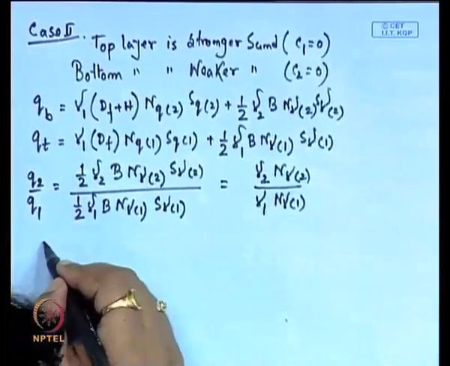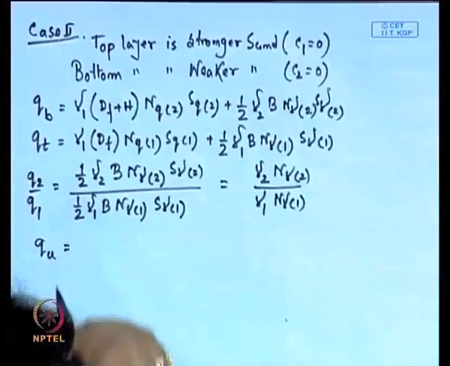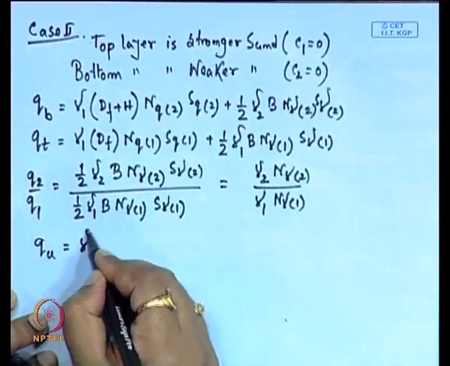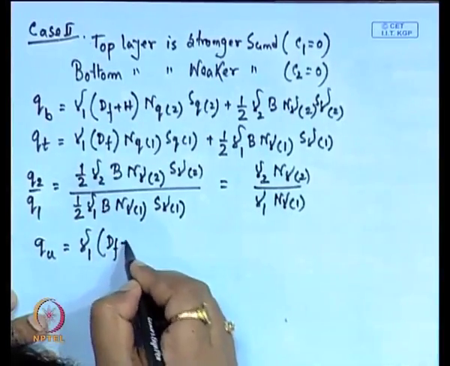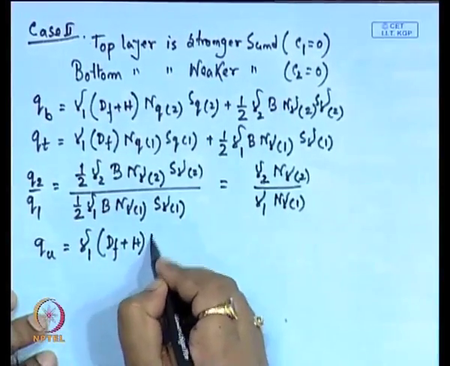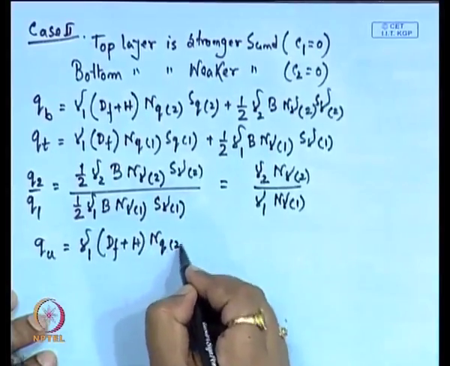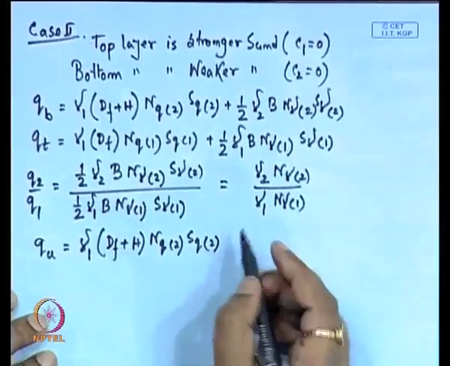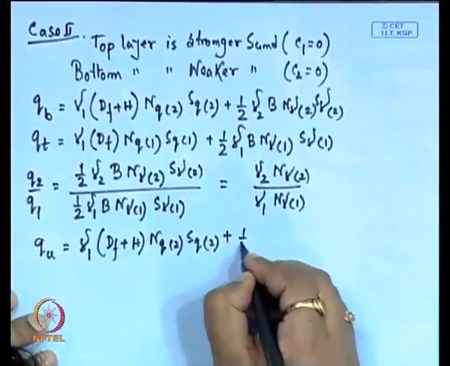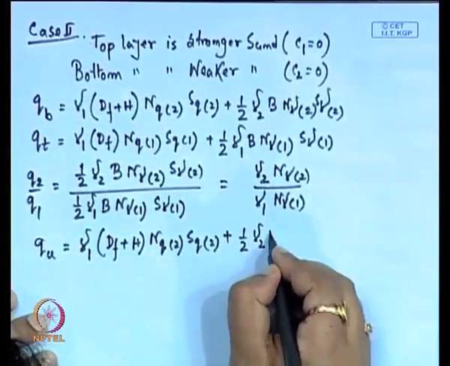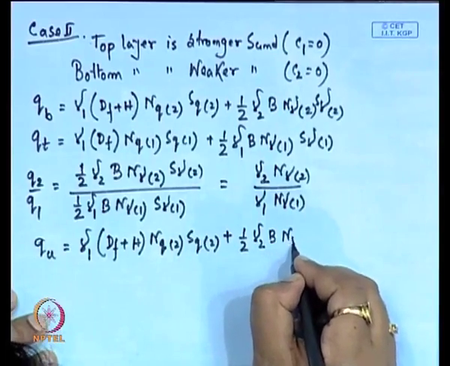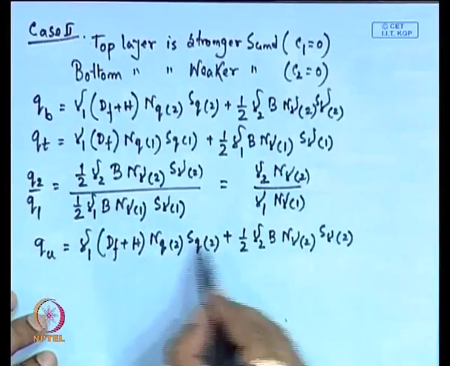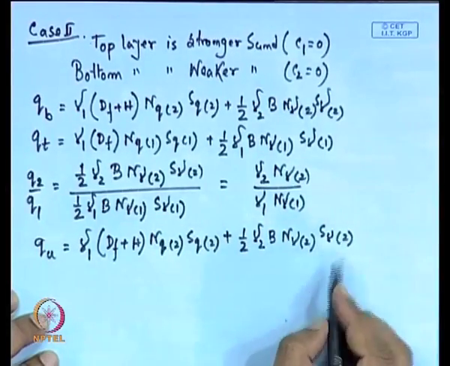Now, how to calculate the ultimate load carrying capacity Qu? Qb is gamma 1 (df plus H) Nq2 Sq2 plus half gamma 2 B N gamma 2 S gamma 2, where Sq and S gamma are the shape factors.